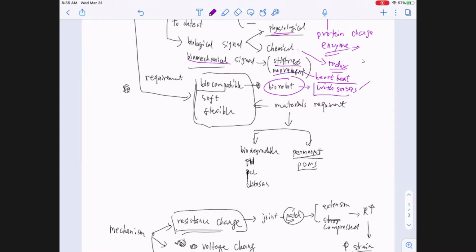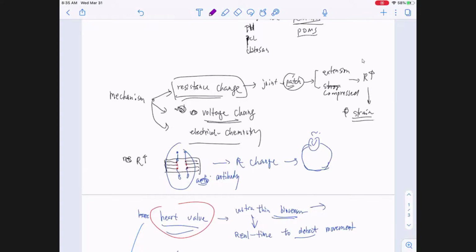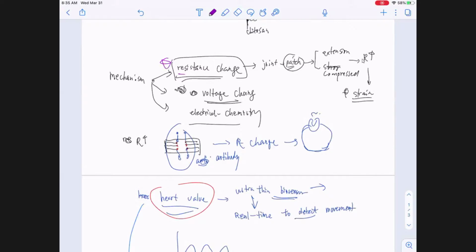It could be chemical, biological, physical, a lot of things, and taking pictures. The materials requirement we already know: biocompatibility. And the mechanism is resistance change. For example, take a piece of conducting material with a certain resistance. However, if mechanical deformation happens, it changes from R1 to R2.